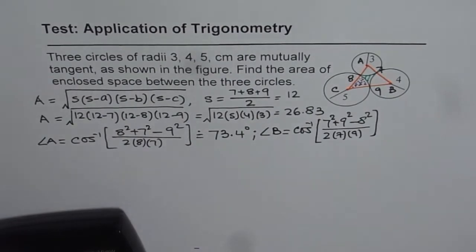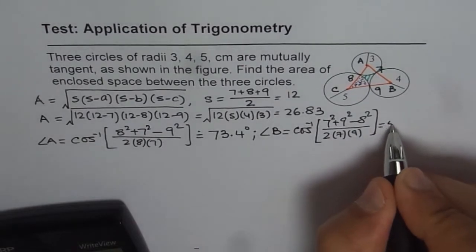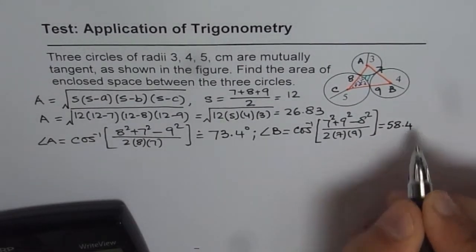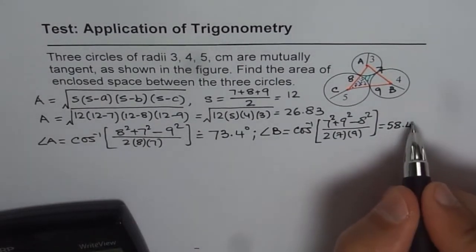So that will be second function, cos inverse, two brackets, 7 square plus 9 square minus 8 square, bracket close, divided by 2 times 7 times 9. It gives us 58.41. So we can write this as 58.4 degrees.